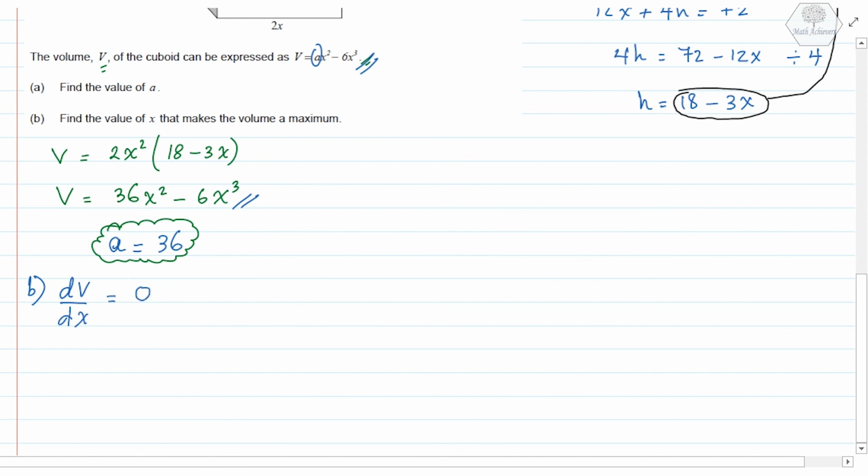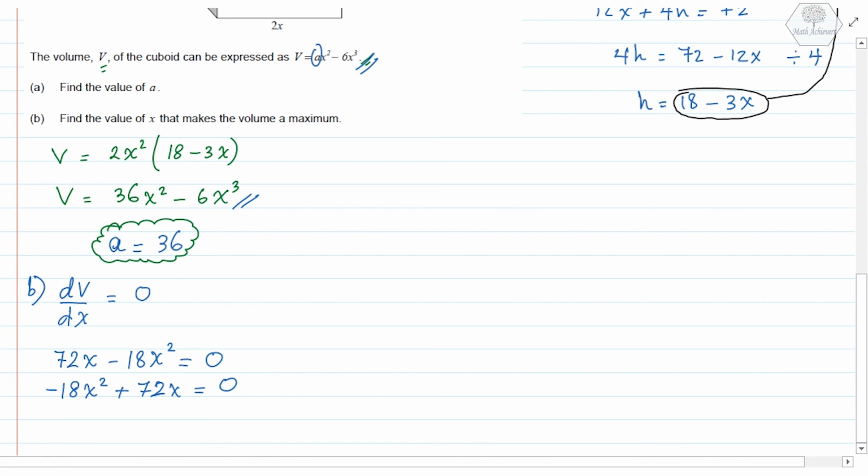Now let's find the first derivative. 2 times 36 gives me 72x. 3 times minus 6 is minus 18x squared, equal to 0. Now to find the values of x, this is a quadratic equation. Let's just rearrange our quadratic equation. We'll be having minus 18x squared plus 72x equal to 0.